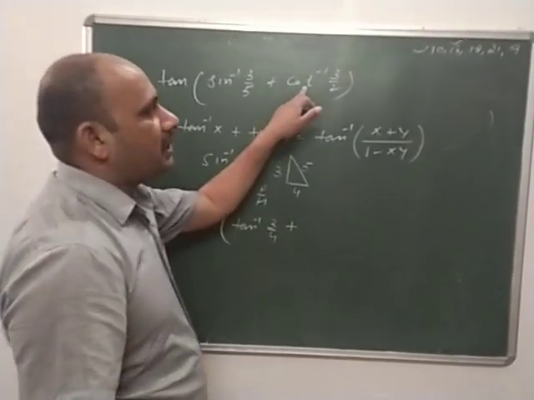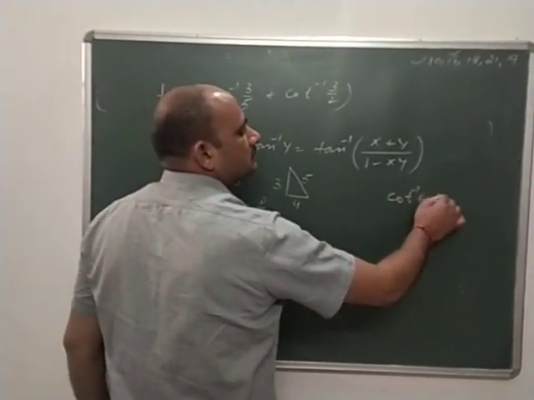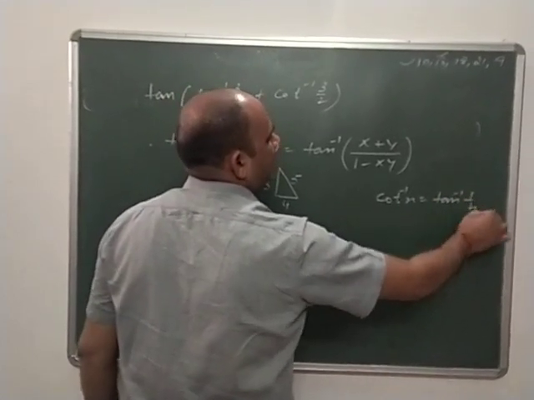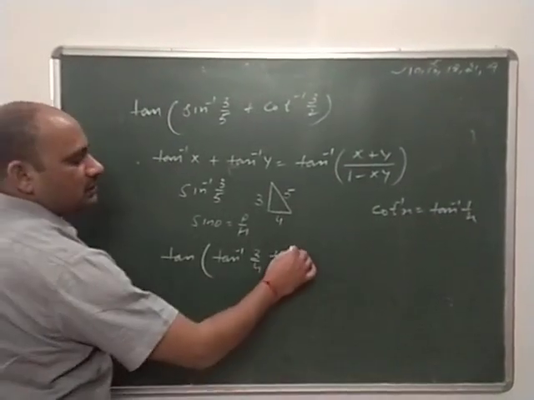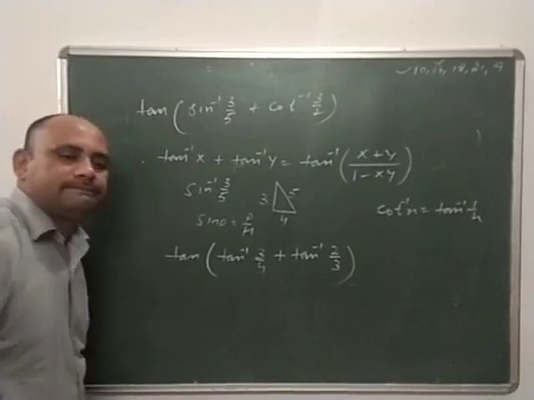Or we have done a property of cot inverse: cot inverse x is tan inverse 1 by x. So cot inverse 3 by 2 is tan inverse 2 by 3.